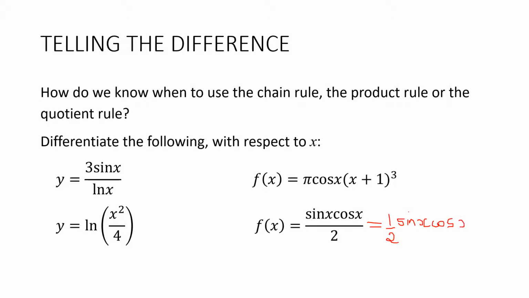Now I haven't done the answers to these, but if you would like them, I'm happy to do them. But there's 4 really interesting functions, and try and sort out in your own head how you're going to remember which is which. So we've got quotient, chain rule, product rule, product rule.